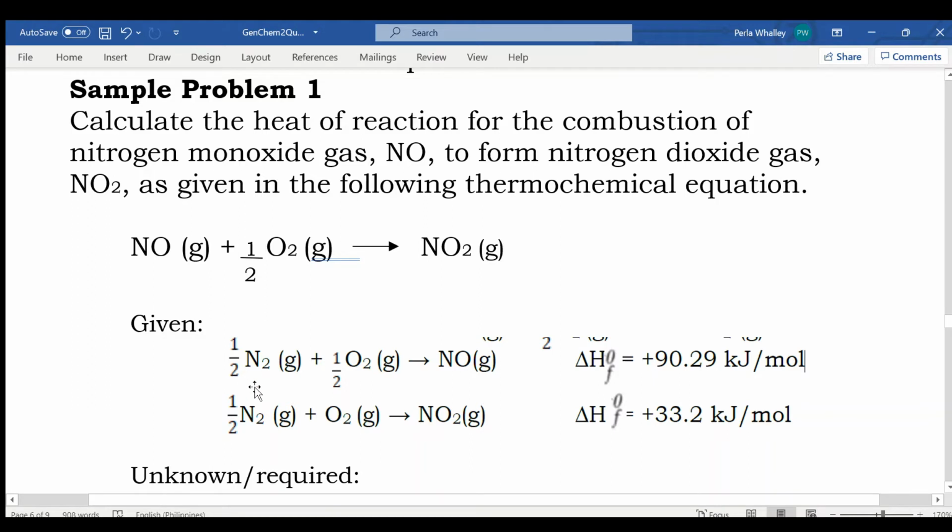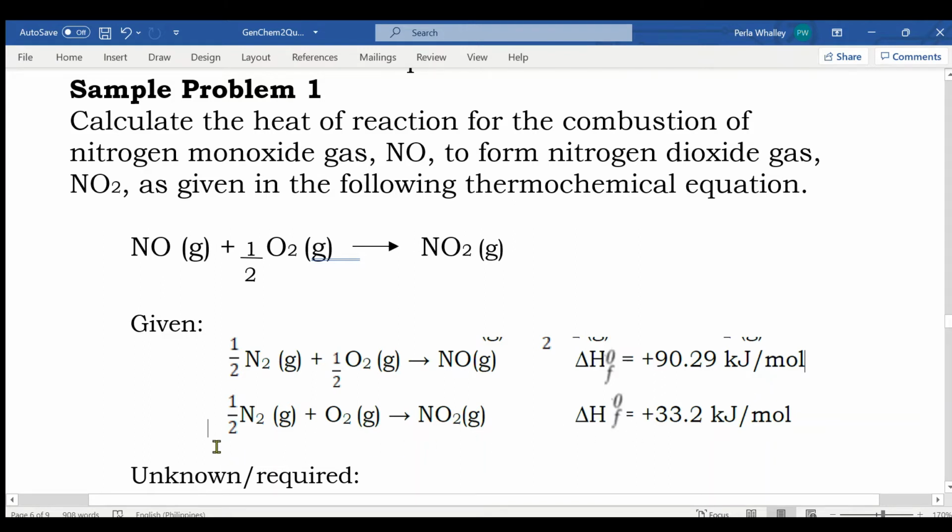1/2 mole of nitrogen gas plus 1/2 mole of oxygen gas forms 1 mole of nitrogen oxide gas, which has a standard heat of formation of positive 90.29 kilojoules per mole.